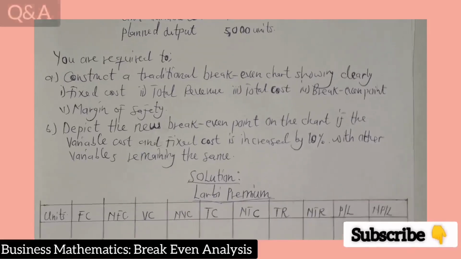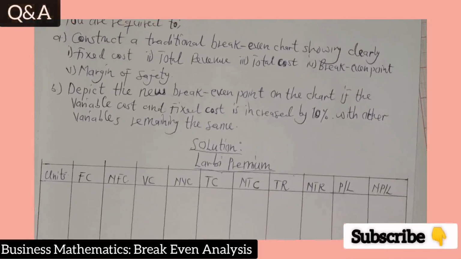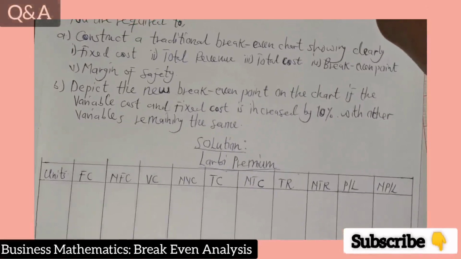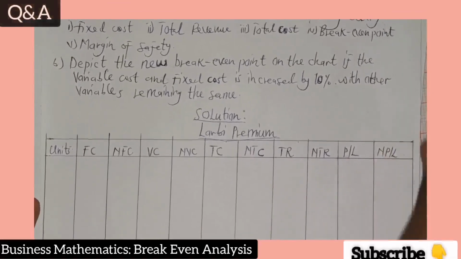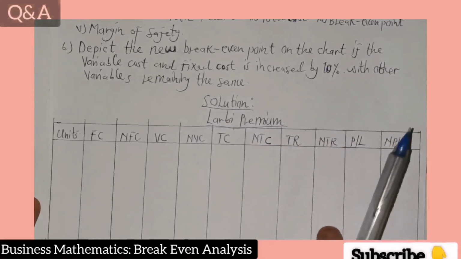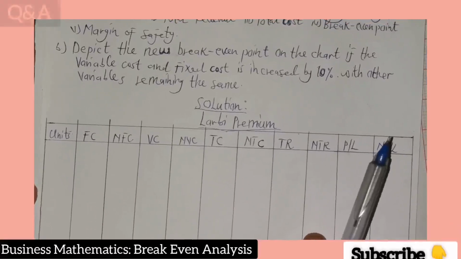So that's what I'm trying to talk about. Anytime you have the points, always try to break it down into smaller pieces so that your last units will be equal to the last output that was given in the question.